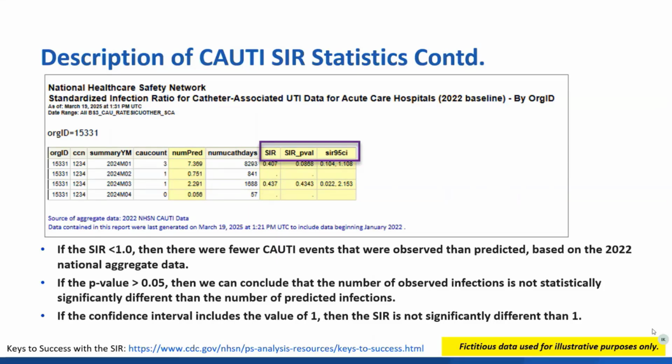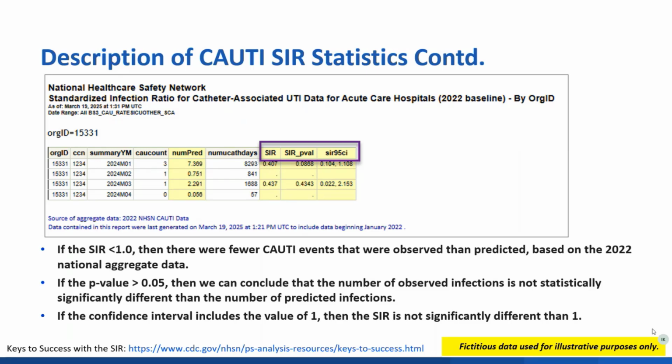Next, we look at the p-value, which tells us whether the difference between observed and predicted infections is statistically significant. So if the p-value is greater than 0.05, we interpret that as not statistically significant, meaning there is no strong evidence to suggest the observed rate is meaningfully different from what was predicted. And then lastly, we consider the confidence interval.